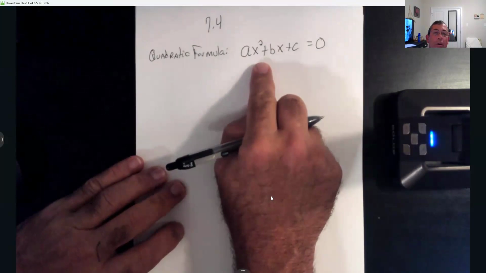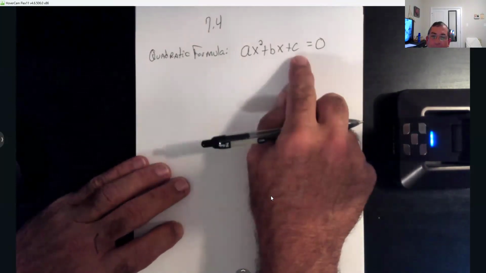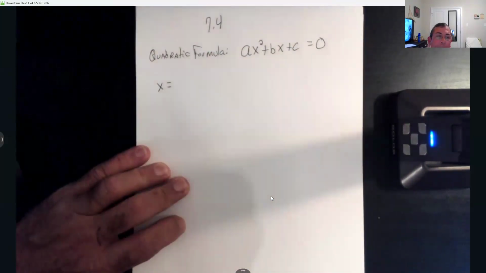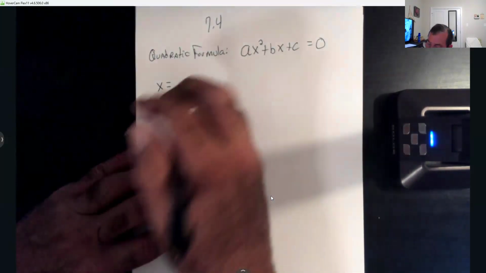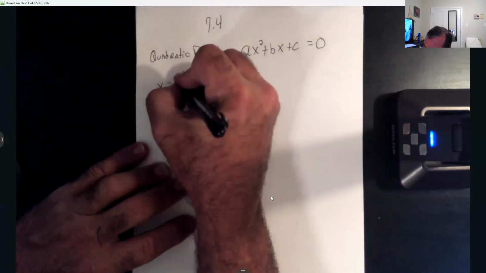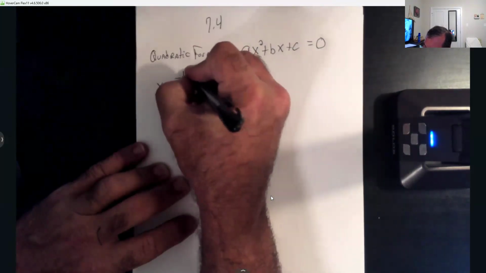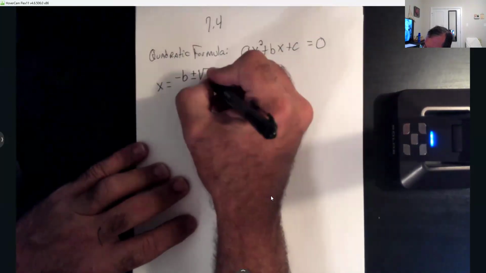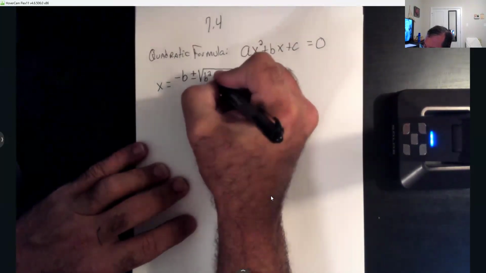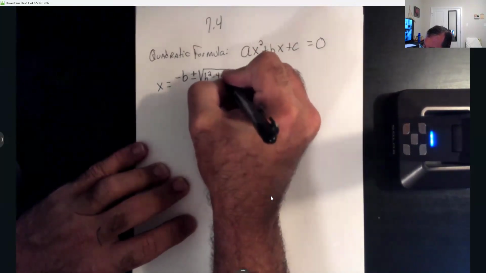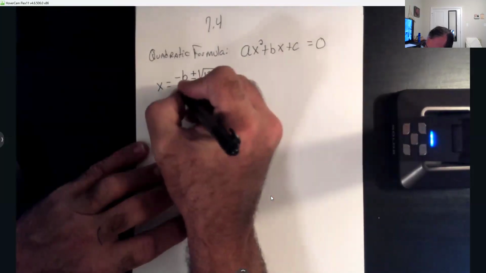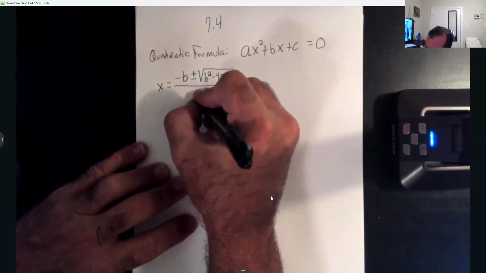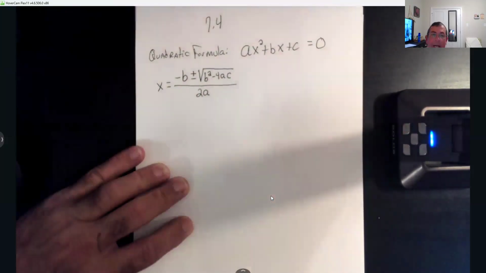So to solve an equation of this form, we use the quadratic formula, which says x will equal -b plus or minus the square root of b squared minus 4 times a times c, everything divided by 2 times a.